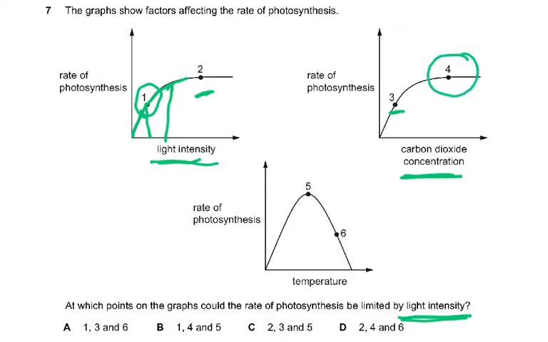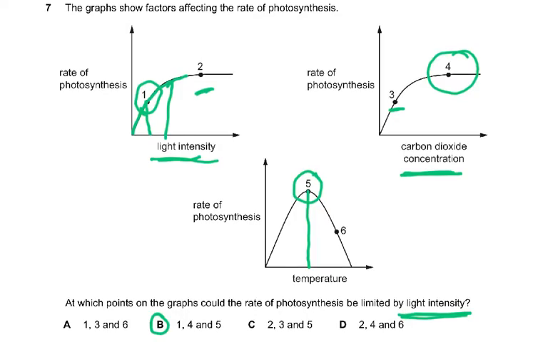And then 4, because here CO2 is no longer limiting, some other factor is limiting. And then 5, at this temperature, if you increase the light, the rate of photosynthesis will increase. So that is why the answer is B, 1, 4, and 5. The rate of photosynthesis at this temperature is the optimum temperature. So if you keep this temperature and increase the light intensity, the rate of photosynthesis will increase. So it's 1, 4, and 5.